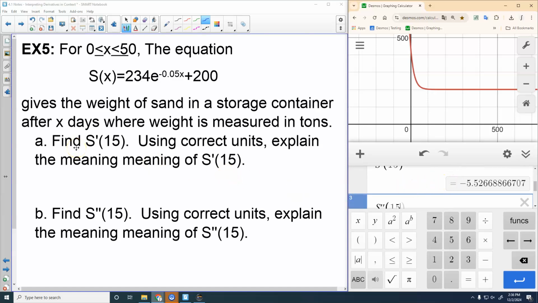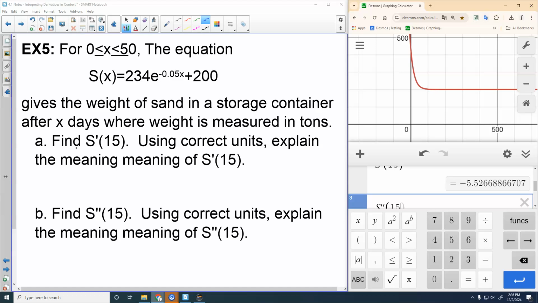This gives the weight of sand in a storage container after x days, where weight is measured in tons. We're supposed to find S prime of 15 and explain what it means, and then also S double prime of 15.